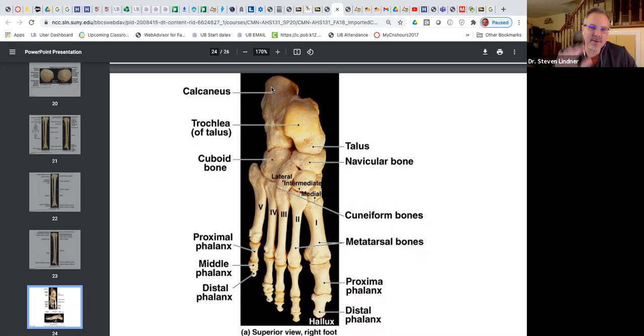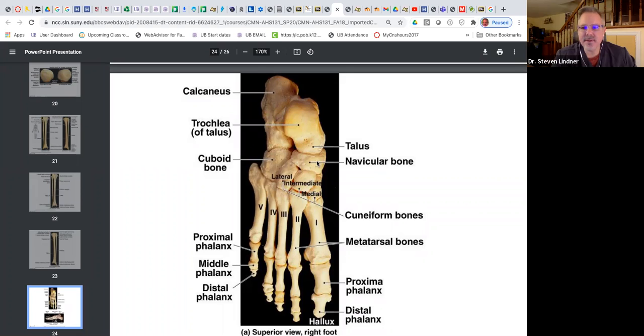That's the part of the foot that strikes the ground on heel strike when you're walking. So the calcaneus is the largest and it's the most inferior. The talus is the superior.